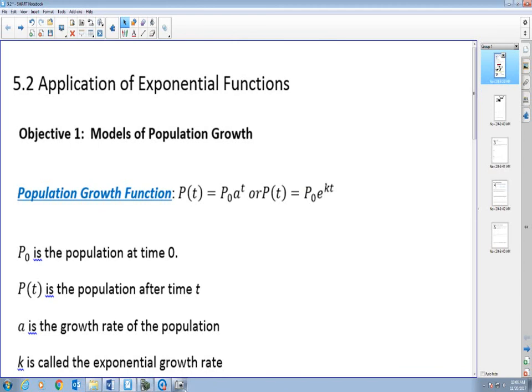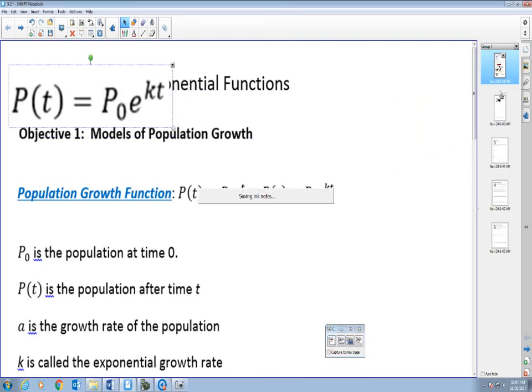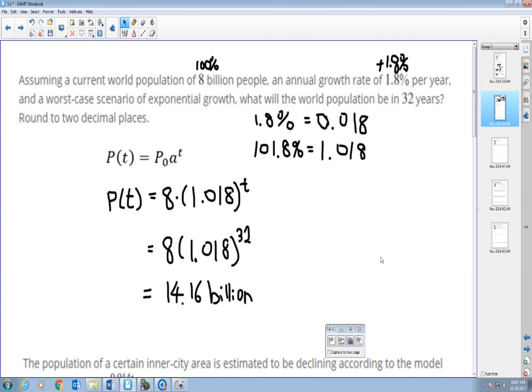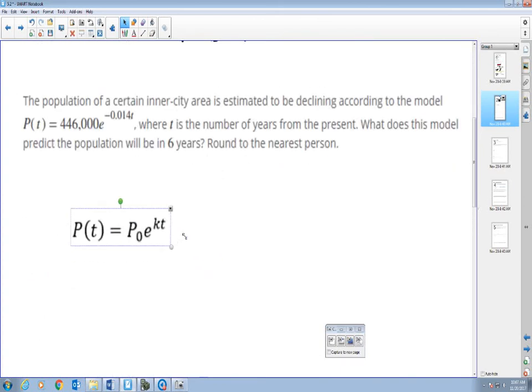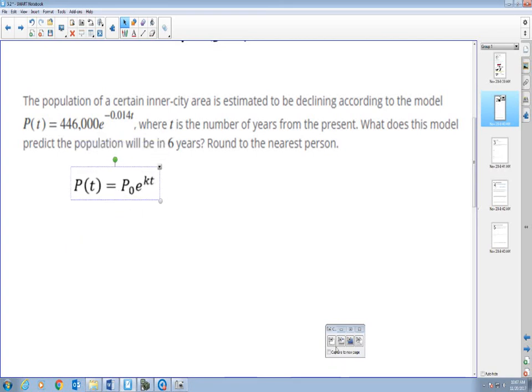So let me copy and paste this. This particular model uses the base e. If you match up the model with the general form, what it's trying to tell you is the initial population is 446,000, times the base e to the negative kt power.